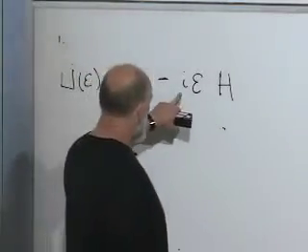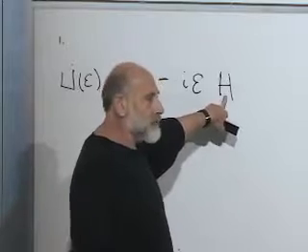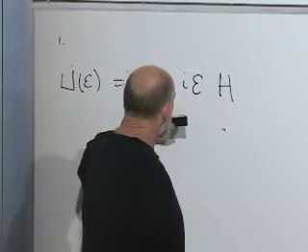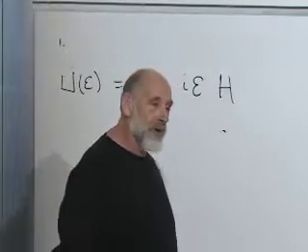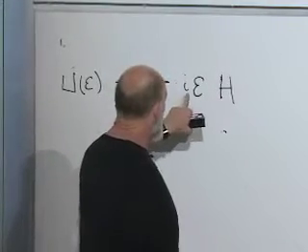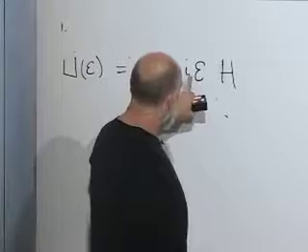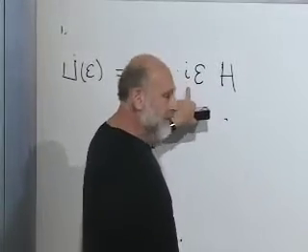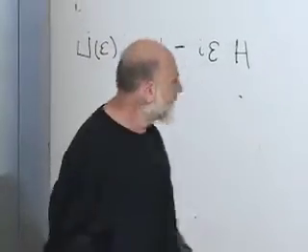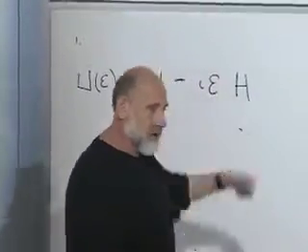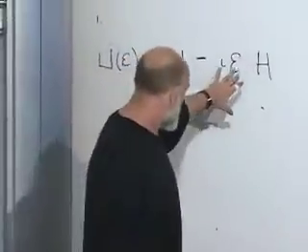It's arbitrary. I could absorb it into the h if I liked, and I could also absorb the minus sign in, and I could have just written 1 minus epsilon h, but for later purposes I know that I'm going to want to define h so that there's an i here and a minus sign. The minus sign is completely arbitrary. The i is a nice definition, as we'll see.